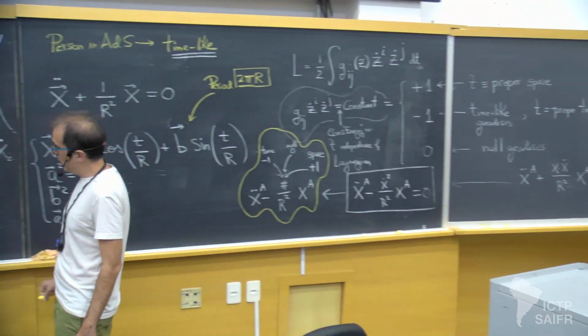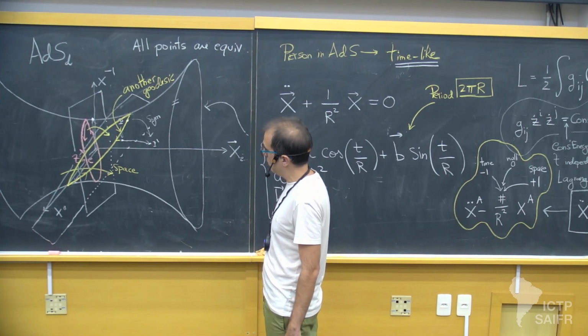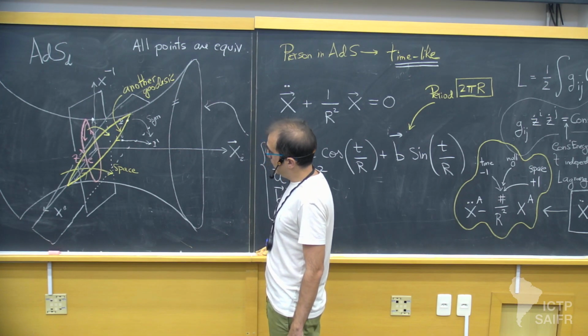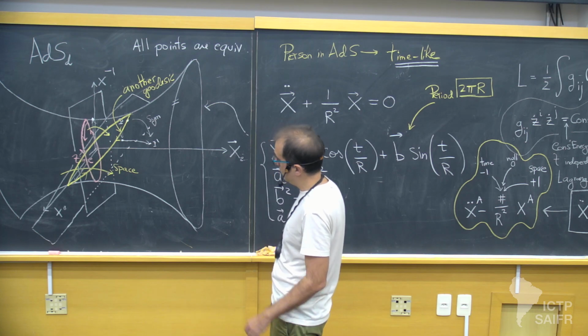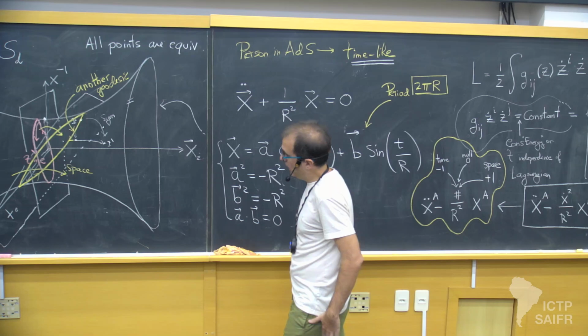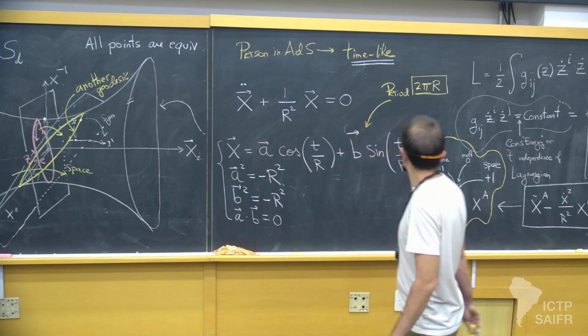Is there something more I want to say? So all these geodesics are equivalent. They take always the same period, 2 pi r, to go around. And yeah, that's good.